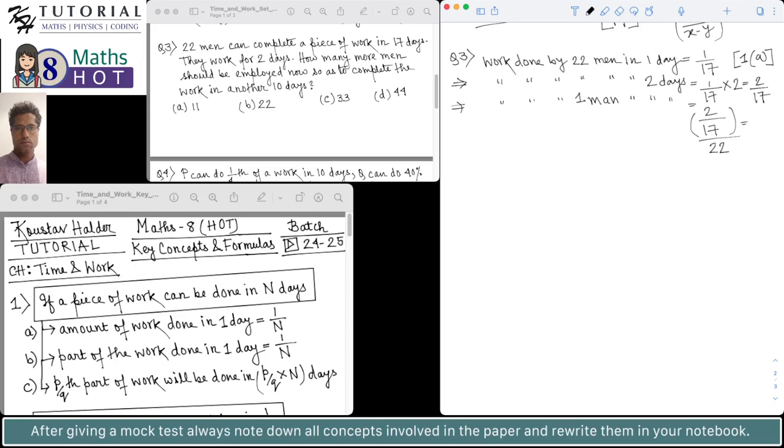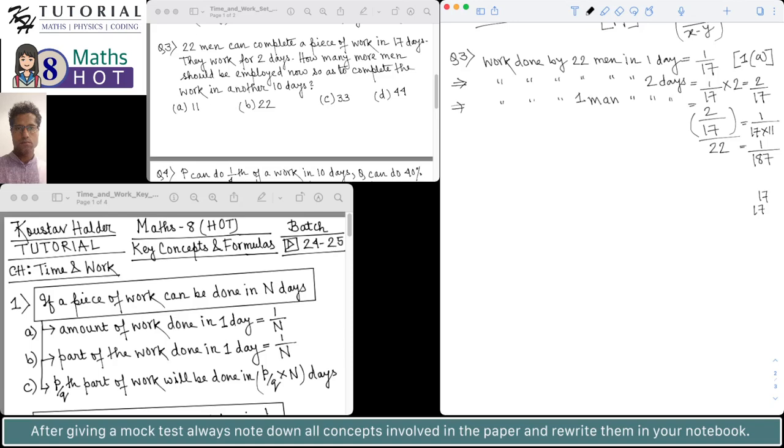This is equal to 1 by 17 into 11. How much is 17 into 11? It is 187.